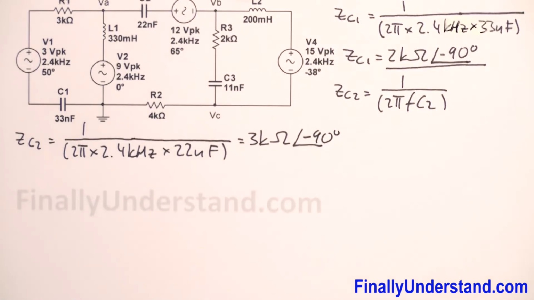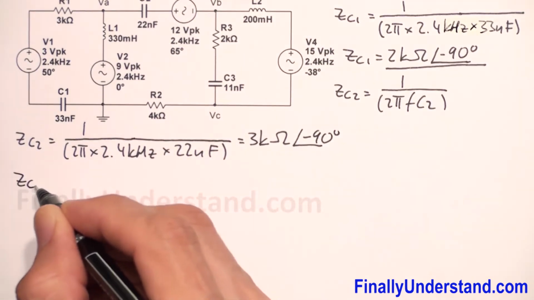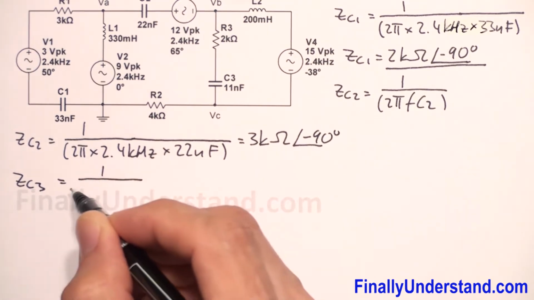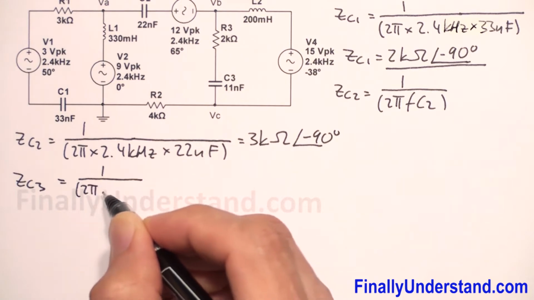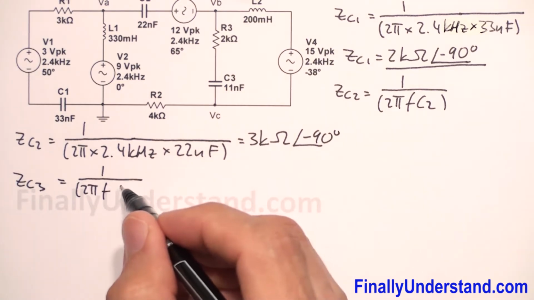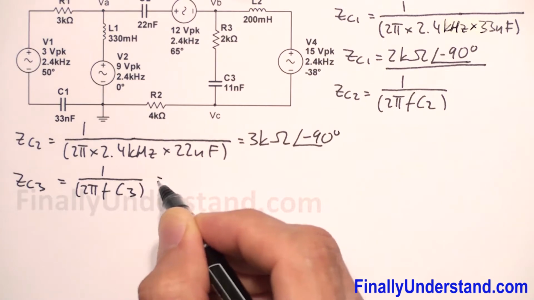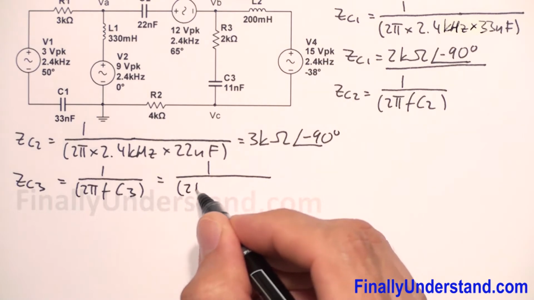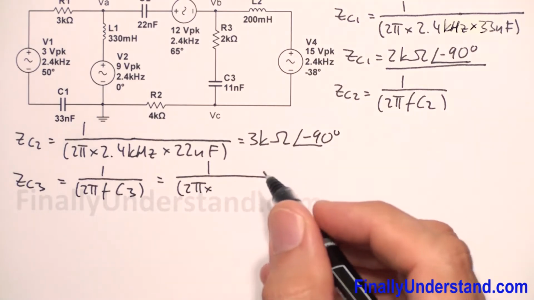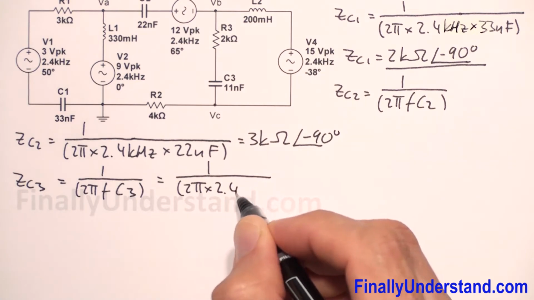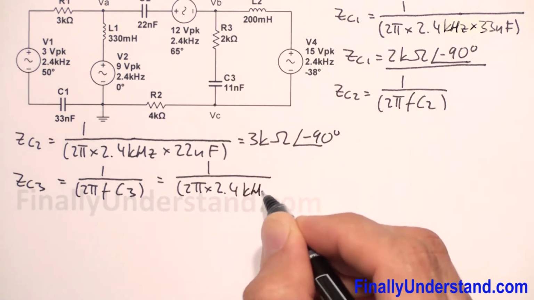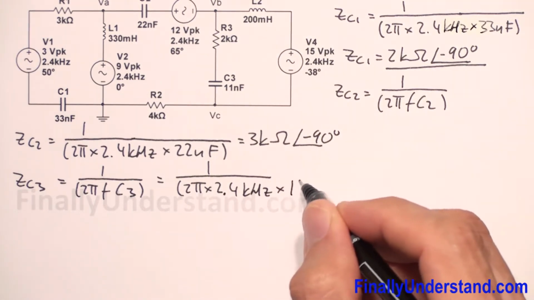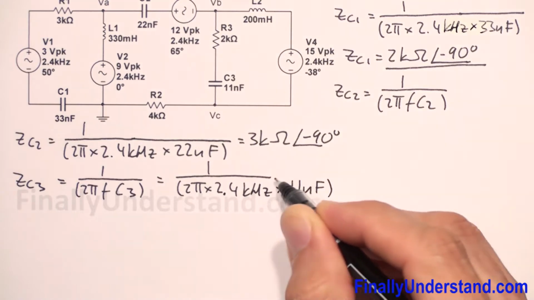Next, we're supposed to find ZC3. ZC3 is equal 1 divided by, write the formula first, 2 pi times F times C3. This is equal 1 divided by, open parenthesis, 2 pi times the frequency, which is equal 2.4 kilohertz, times C3, which is equal 11 nanofarads, okay?